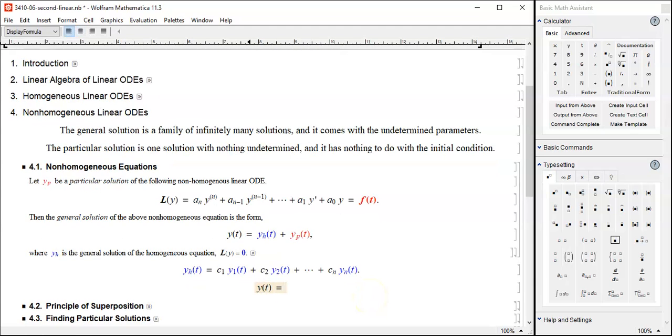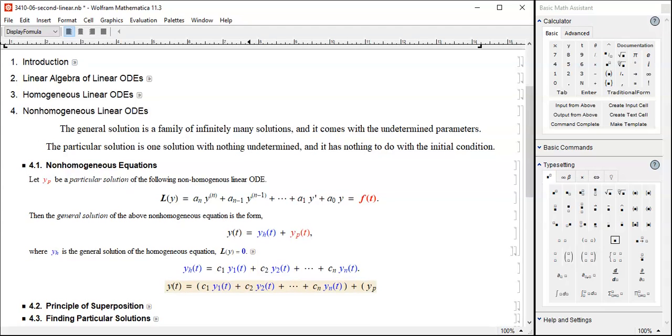Y of t is equal to, let's put this expression in, and plus yp. Let's highlight this one in red, and the other in blue.